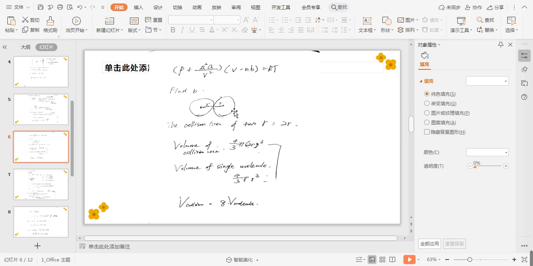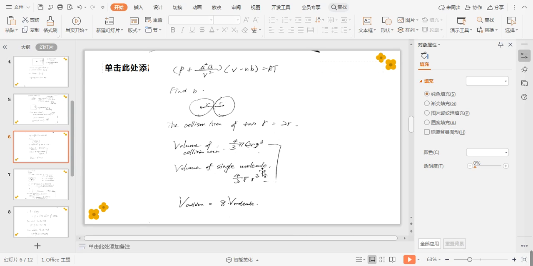You can rotate my diagram around, and you will find the collision area. The rotation area is also a circle, and the circle's radius is 2r. So the volume of the collision area is 4/3 π (2r)^3.